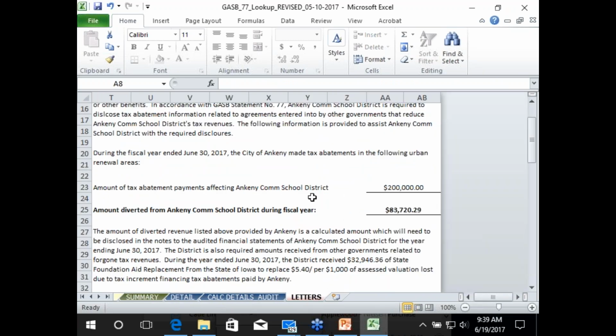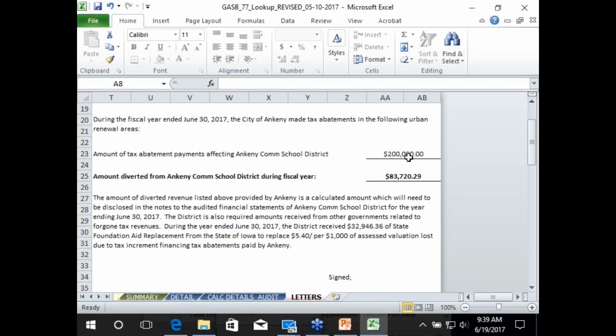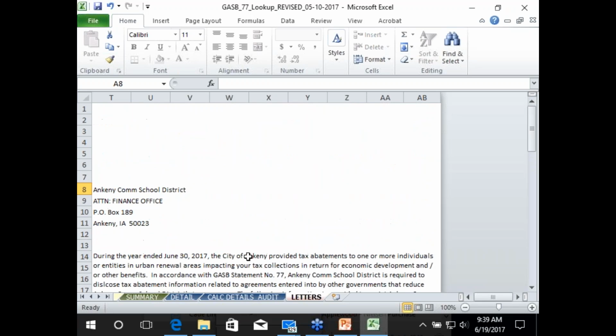And it shows you the tax abatements that have impacted it. And of that $200,000, here's the impact that it had on Ankeny School District, almost $84,000. And down in the next paragraph, the district received $33,000 of that back as a replacement of school foundation aid. So that's how it works in a nutshell.